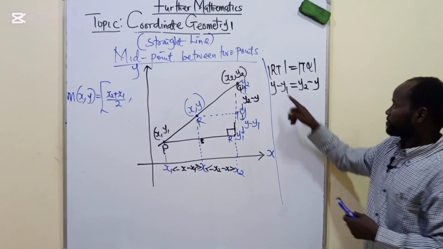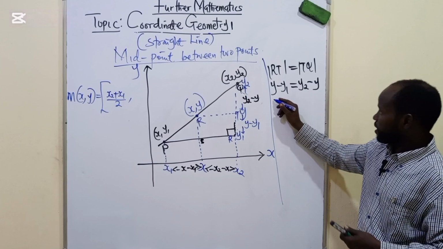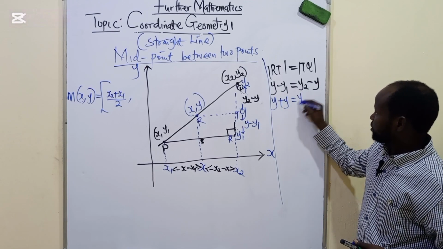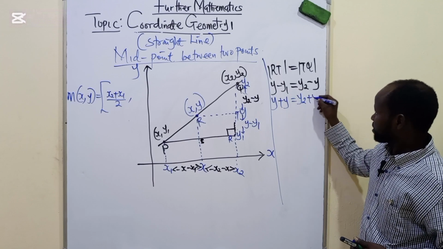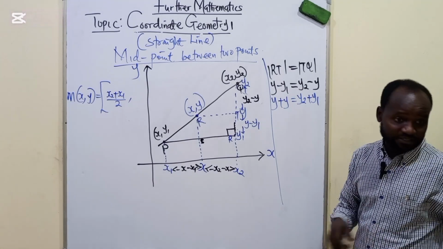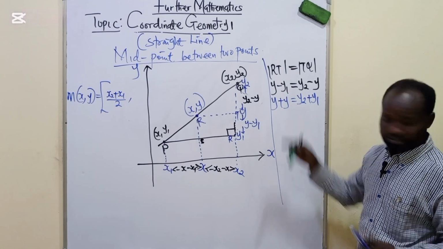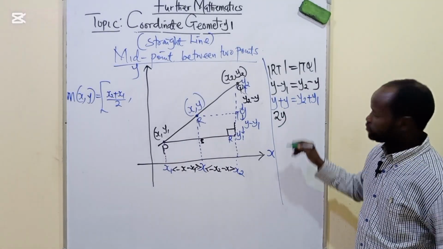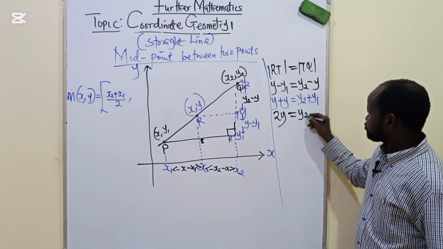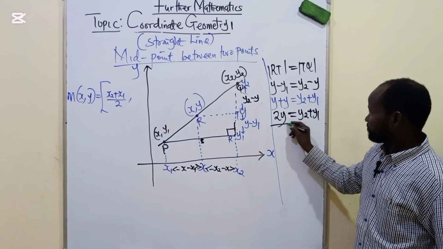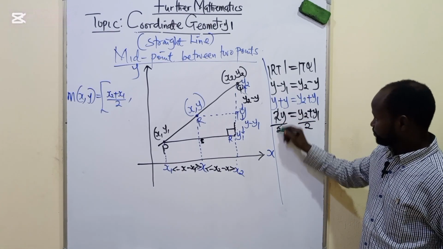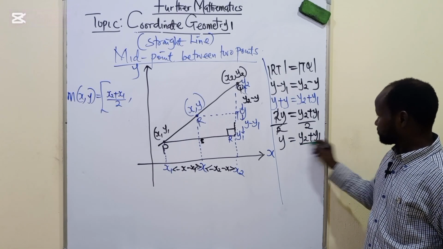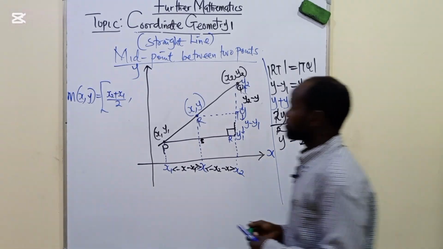Let's collect like terms. y plus y will be equals to y2 plus y1. We can add this. That will be 2y. This will be 2y equals y2 plus y1. Then we divide both sides by 2. y now will be equals to y2 plus y1 divided by 2. This is for the y coordinate.